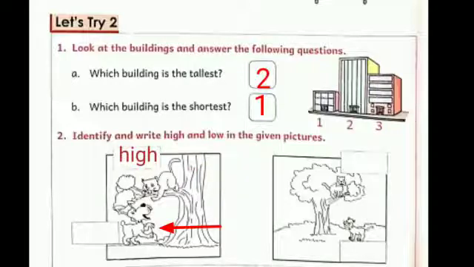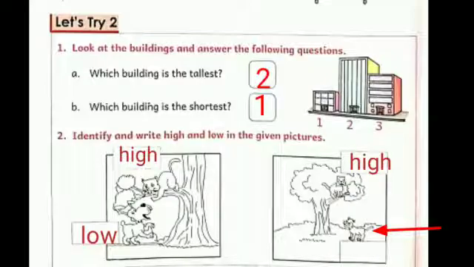Now see the dog. It is standing under the tree, which means at a lower place. So here we write low. Now see this second picture. Where is the cat? At a higher place. So write here high. And where is the dog? At a lower place. So write here low.